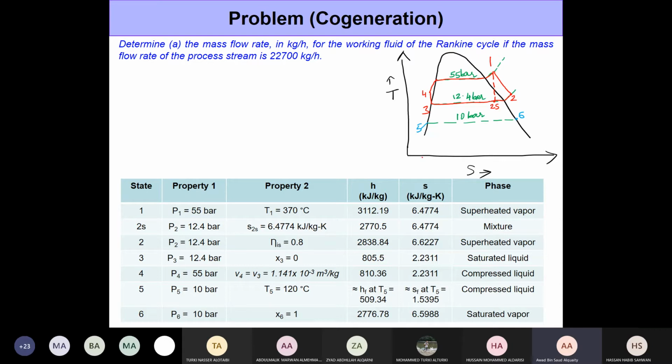We are having heat exchange, the heat loss during the process 2 to 3 is the heat gained during the process 5 to 6. Okay, that's all what we are having within the heat exchanger. So how do we get the mass flow rate of this working cycle, or the mass flow rate that's going here from 2 to 3?